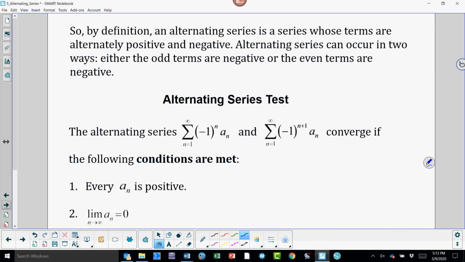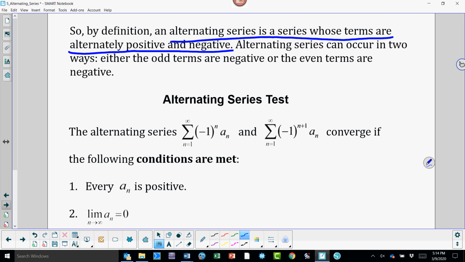So what's going to be really awesome is that an alternating series is a series that must alternate positive and negative. As soon as I determine that I'm alternating positive and negative, I have an alternating series: terms that alternate positive and negative.